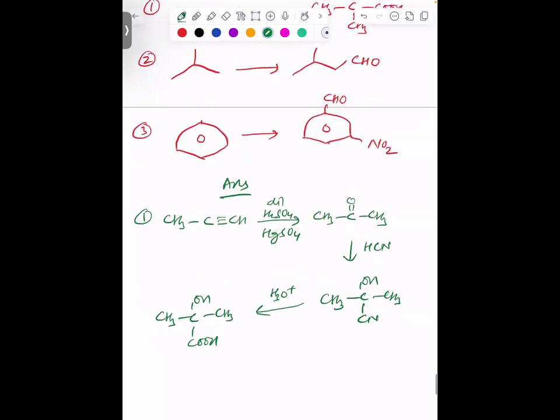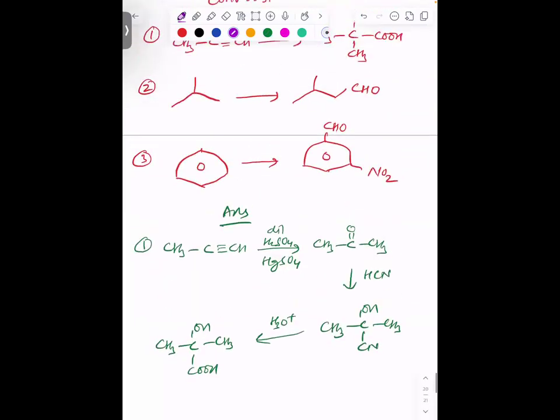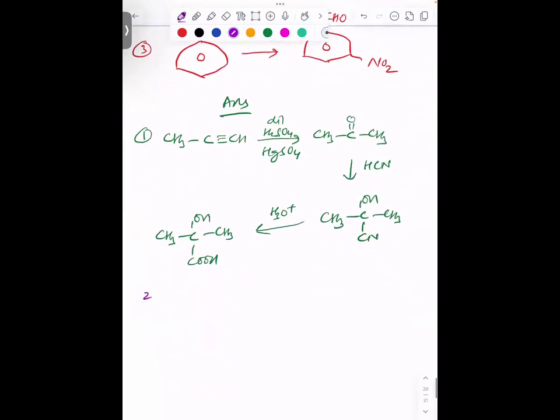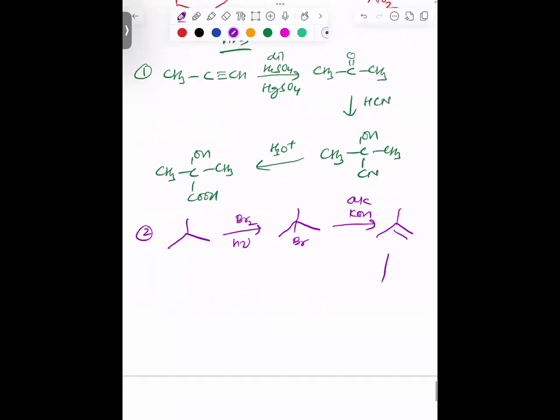Second is again an increase in one carbon atom. So first bromine in the presence of H nu, then alcoholic KOH, then at the terminal position we need H2O2 and hydrogen bromide.